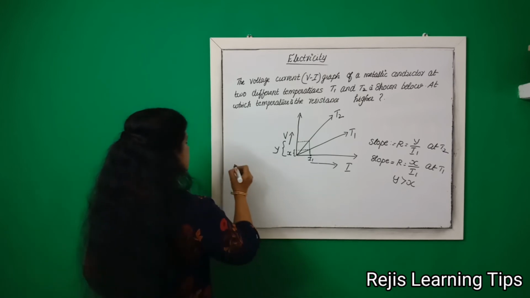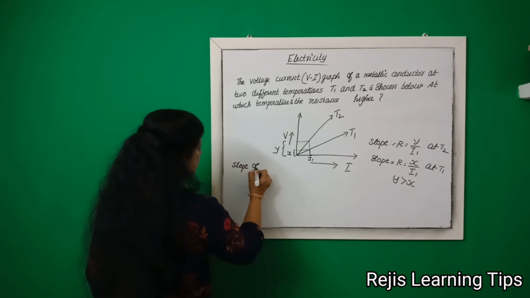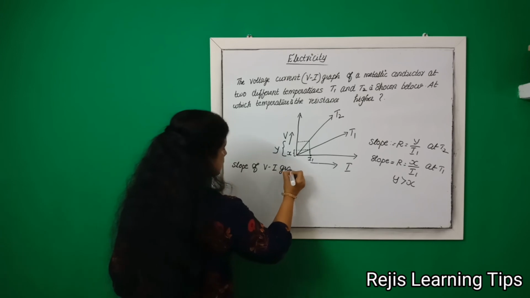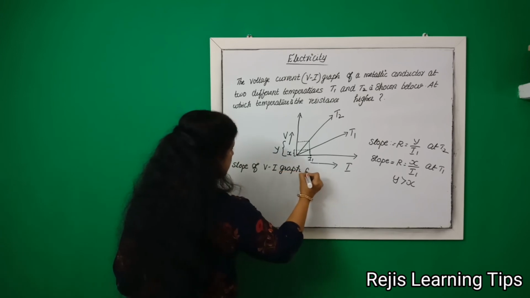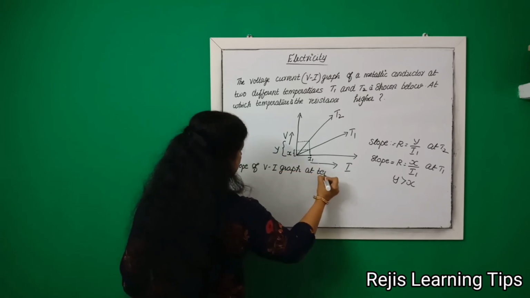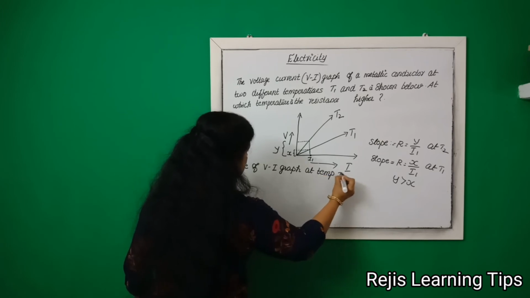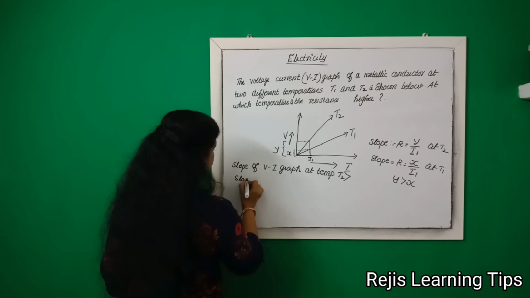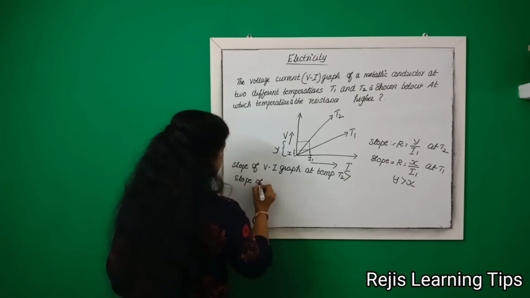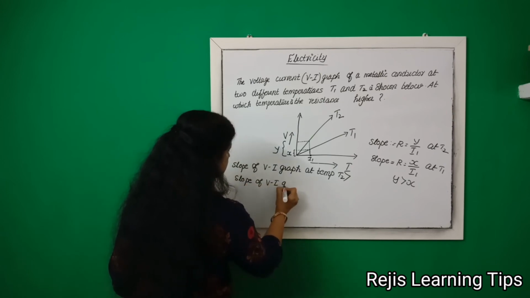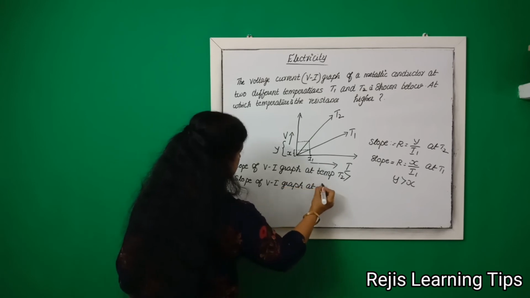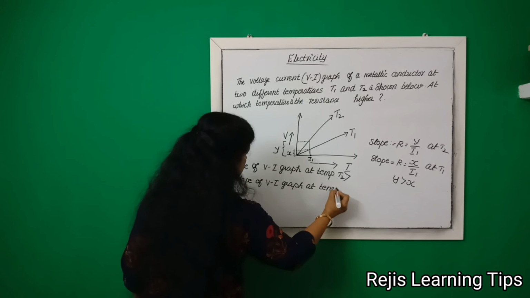Okay, then the slope of the VI graph at temperature T2 is greater than the slope of the VI graph at temperature T1.